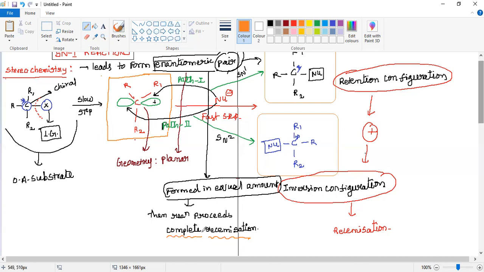In complete racemization, only a few reactions are known where optically active alkyl halides undergo complete racemization. That means simply we can say half of the part, 50%, should be retention of configuration and the other 50% should be inversion.